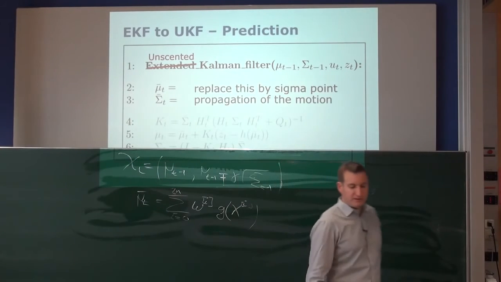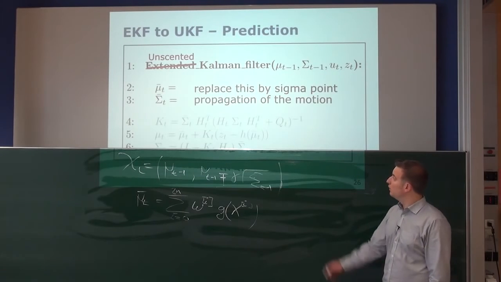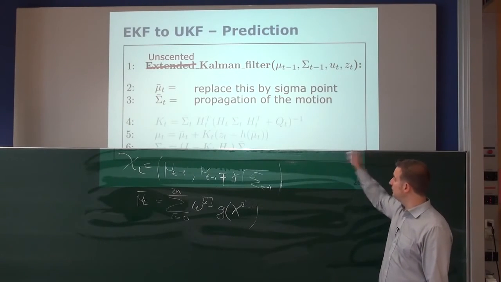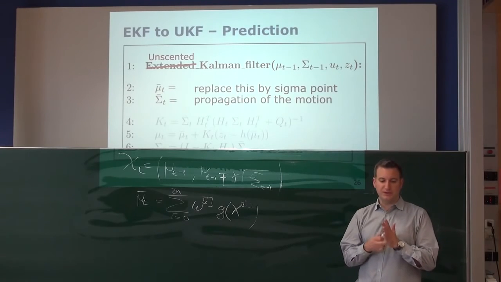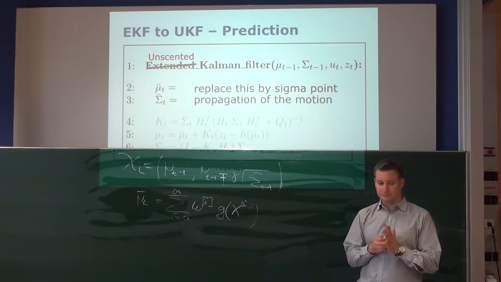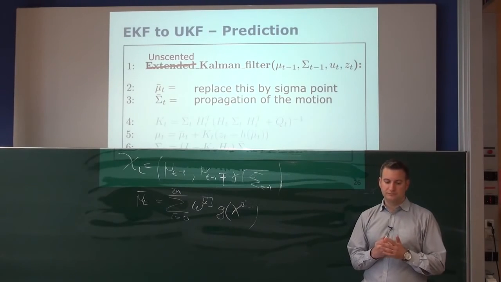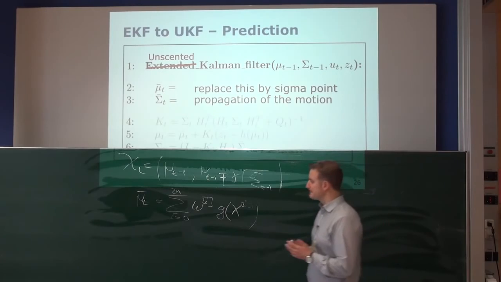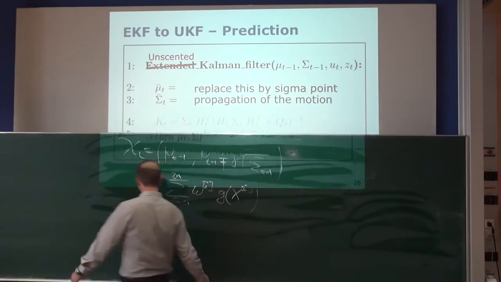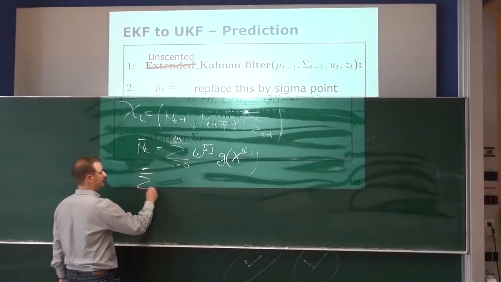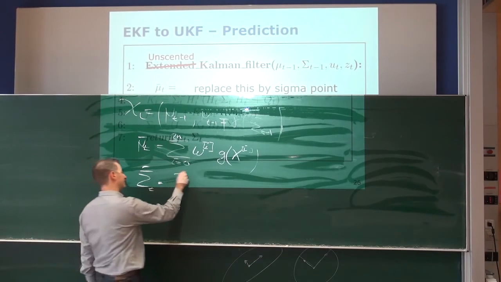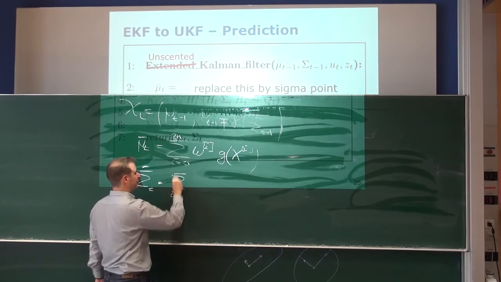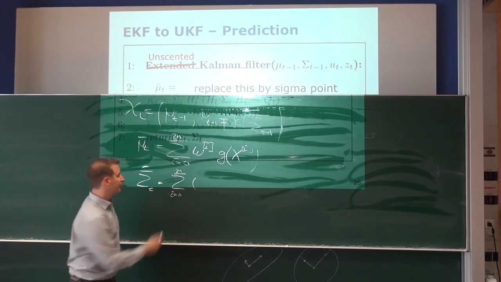What do we do with the covariance matrix? Exactly. So what do we need to do here? How do we compute a covariance matrix? Again, the sum from 0 to 2n.